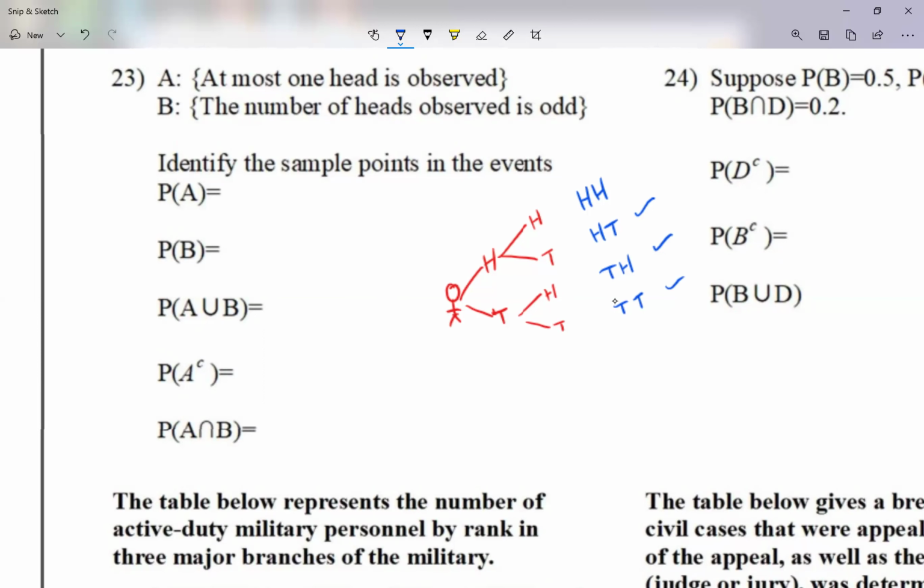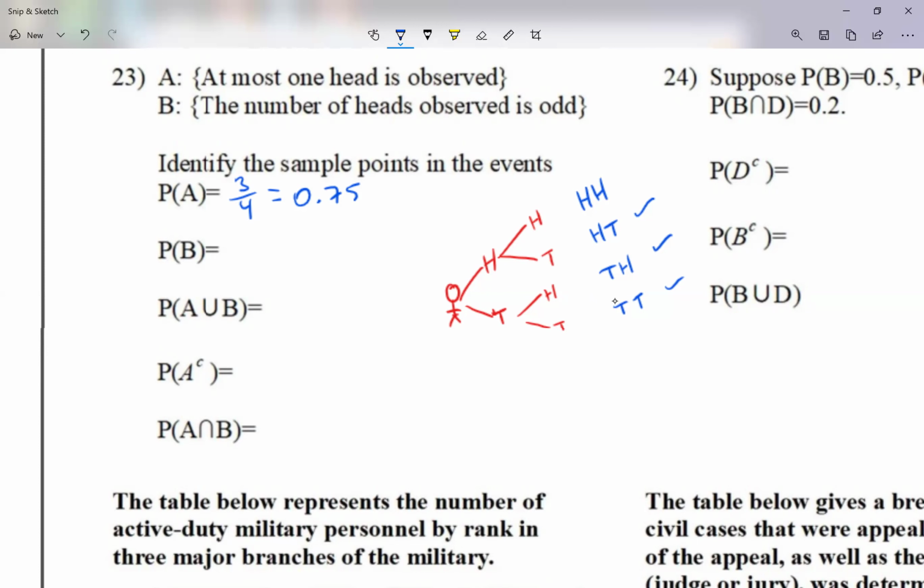So it happens 3 out of the 4 possible cases, because it's either 1 head or no head, right? So at most 1 head is observed. What's the probability that that happens? 3 divided by 4 is 0.75.